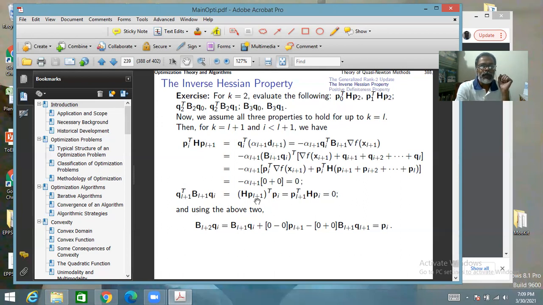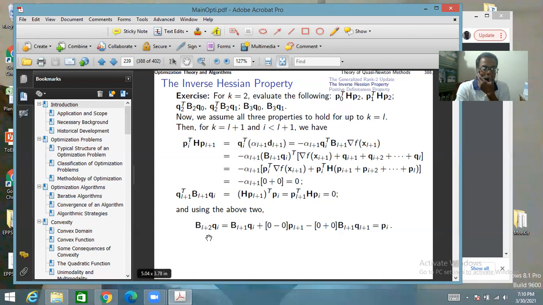So this becomes pi and this opens up like this, and when you open this you get p L plus 1 transpose h pi, which is the same as this, so 0. With these two things settled, we get in the two brackets the scalar coefficients of this and this as 0, all four, and therefore this becomes equal to just this, which from the induction hypothesis is known to be pi, and that settles property 3.